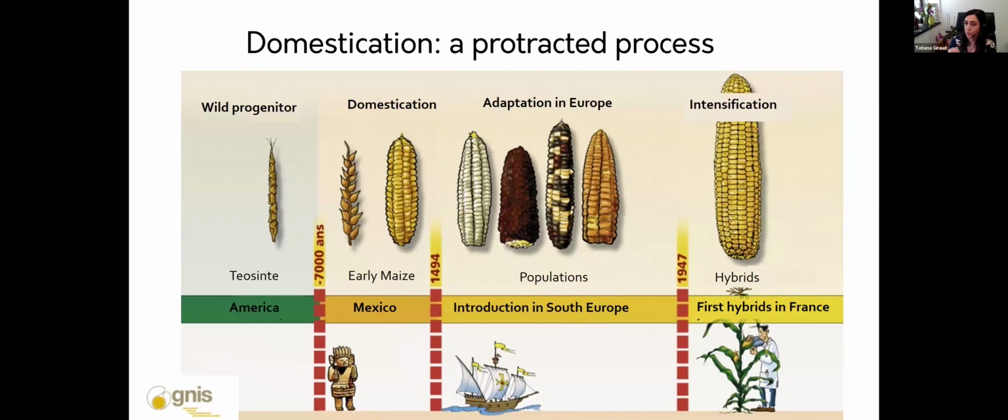But there has also been a period of diversification. There was early domestication with an increase in the size of the grain, and then a lot of varieties were made in different regions of the world. More recently, there has been much stronger selection towards unique varieties, and we plant a single variety all around the planet.